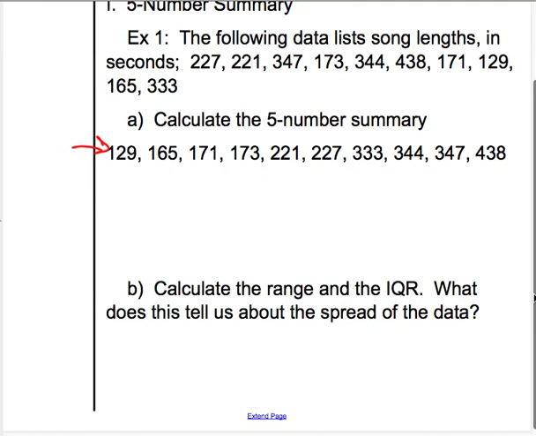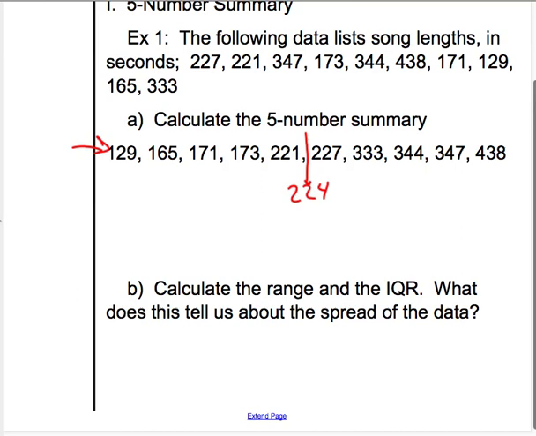The first thing that you do is find the median or the middle number. We have 10 data values, so the median will fall between the 5th and 6th data value. Remember, when you have an even number, you take the 2 numbers that are in the middle, add them together, and divide by 2. And in this case, we get a median of 224.